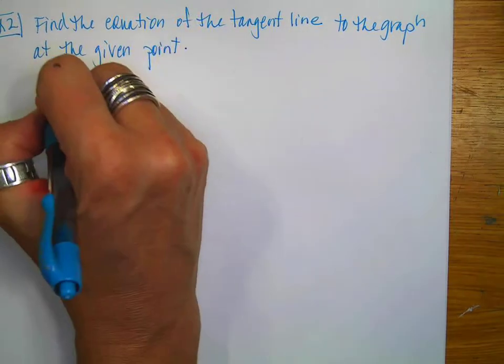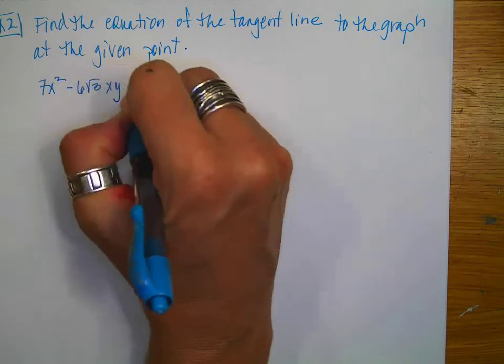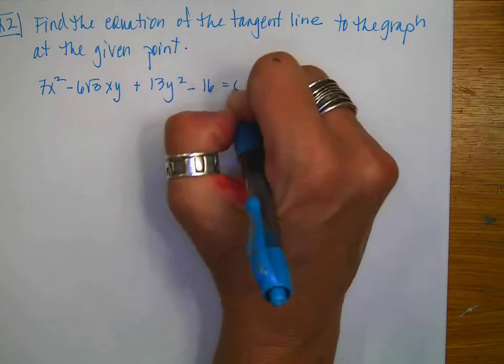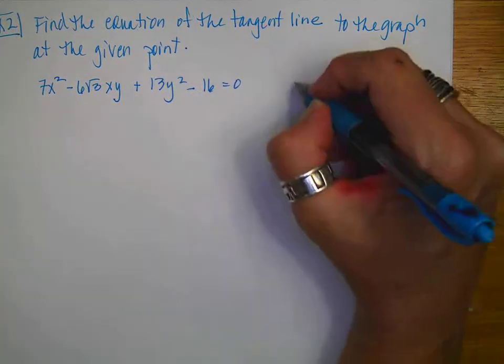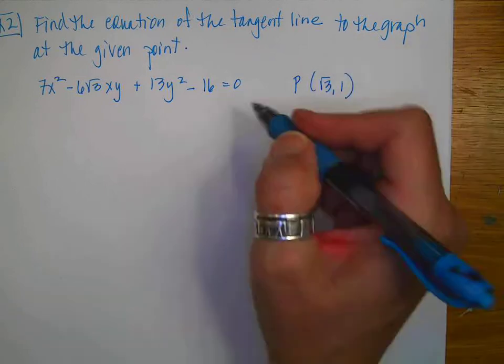We have this lovely equation: 7x squared minus 6 radical 3 xy plus 13y squared minus 16 is equal to 0, at the point radical 3, 1.